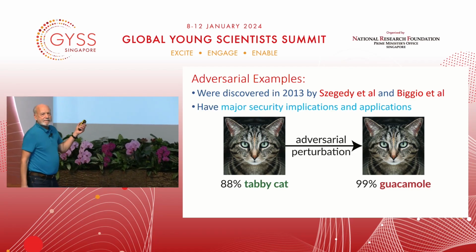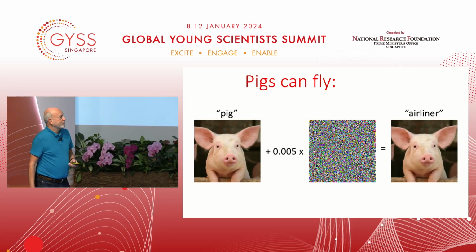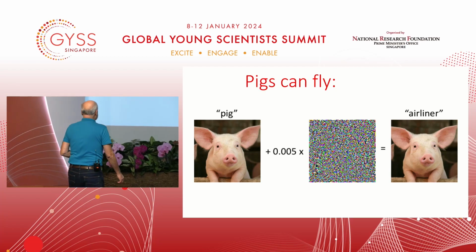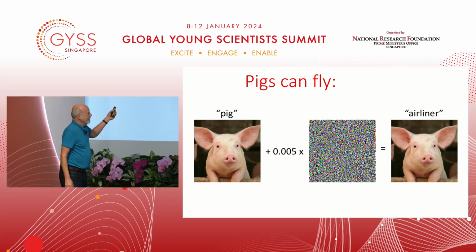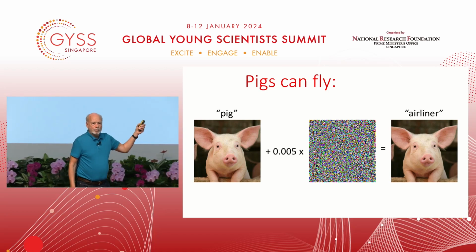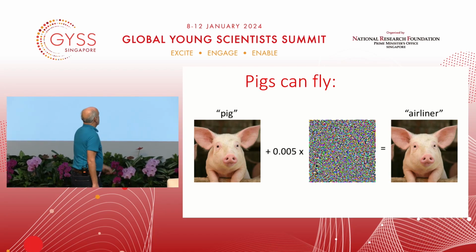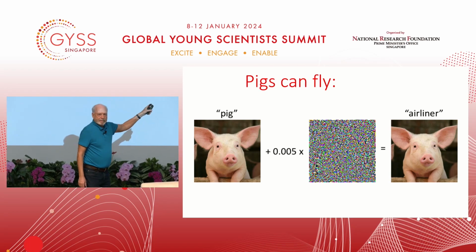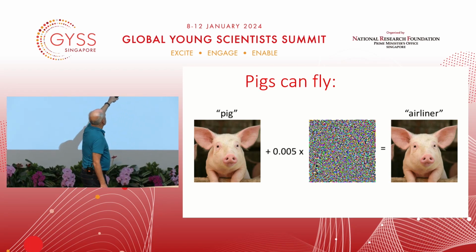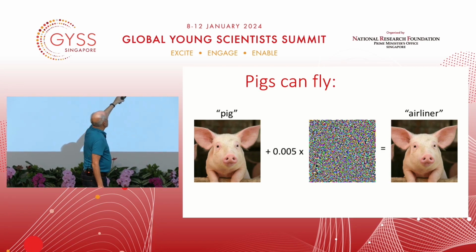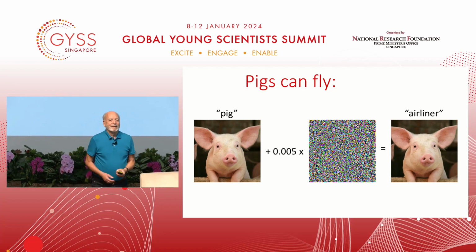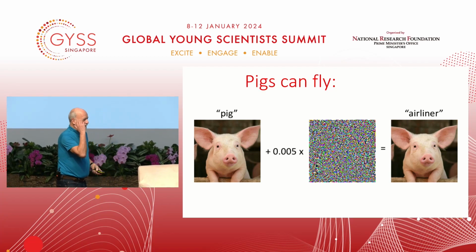So the next example is proof that pigs can fly. This is an image which is correctly recognized as a pig. What you see in the middle is the kind of change, perturbation, you make to the image. And this is actually a highly exaggerated change. You multiply this noise pattern by 0.005, so it becomes essentially a flat gray level image.